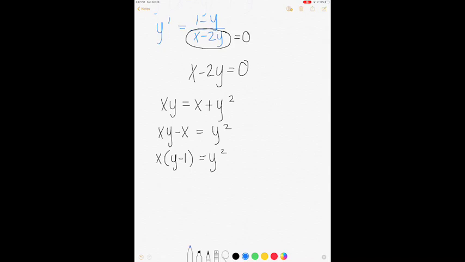Okay, so you see what I did there? I moved x over, and then I factored out an x. So now I'm going to divide both sides. And this is what x equals. So now I'm going to take this value and plug it in for x and then solve for y.